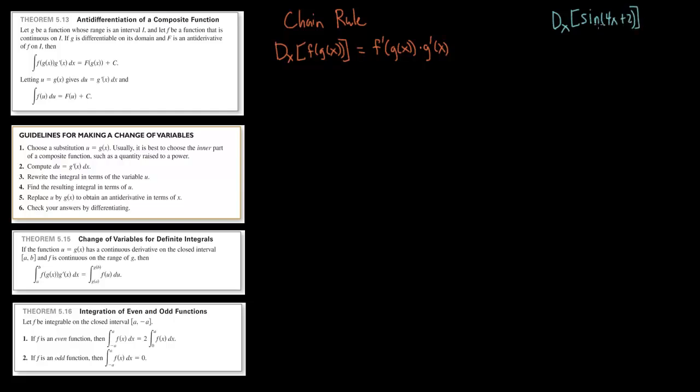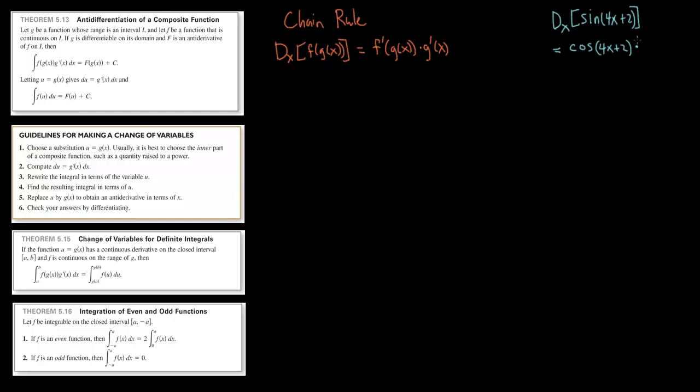Sine is the outside function, 4x plus 2 is the inside function. And what the chain rule says is that this derivative is equal to the derivative of the outside function. The derivative of sine is cosine. But we evaluate that derivative at the inside function, so 4x plus 2.